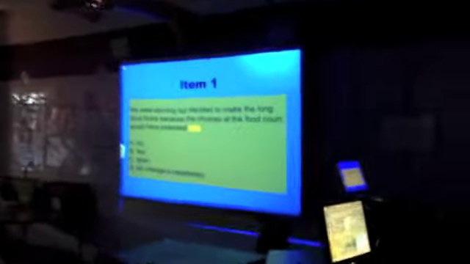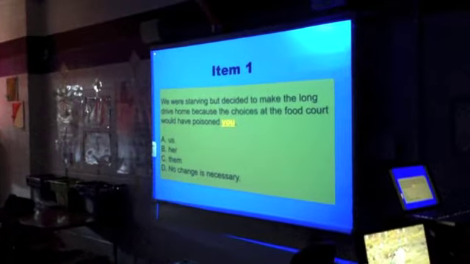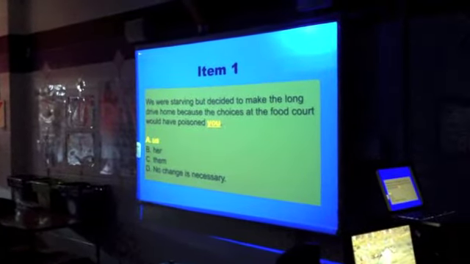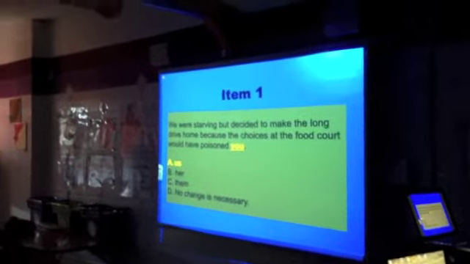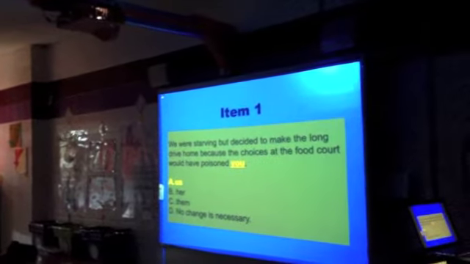We were starving, but decided to make the long drive home because the choices at the food court would have poisoned you. Okay? I'm looking at you. What will be my answer? Because my first pronoun is we, so it has to be the same.